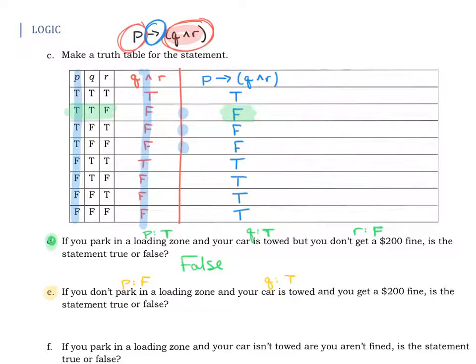And you got a fine, so R is true because R is defined as you get a fine. Is the statement true or false? Going back up to the table, we want to look for false, true, true. That's this one right here. False, true, true. The result is true.